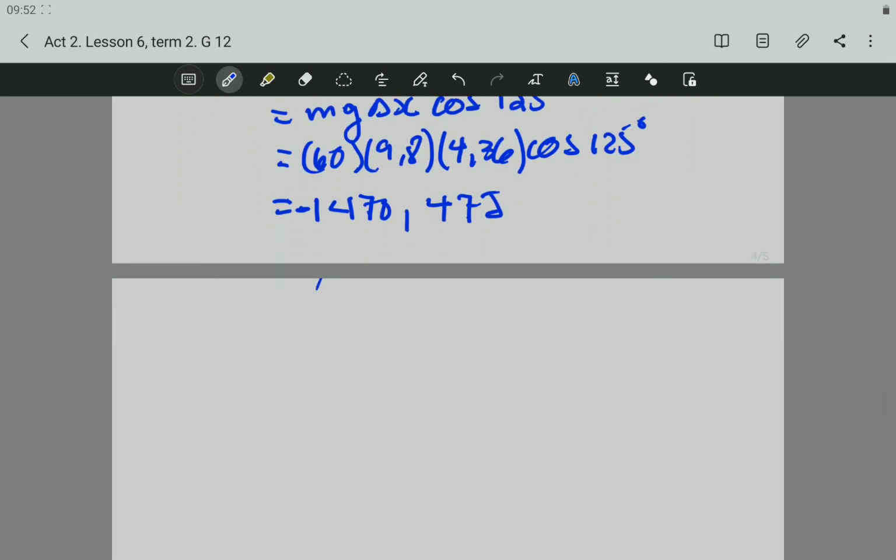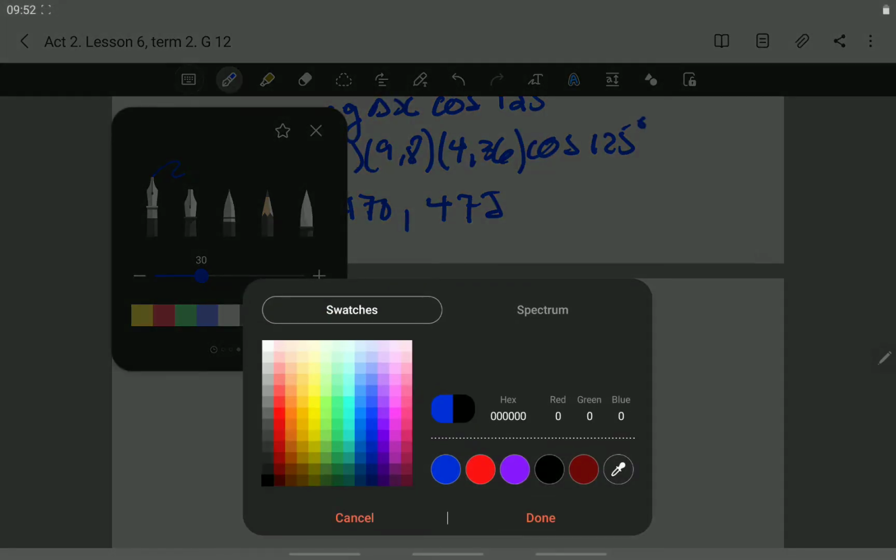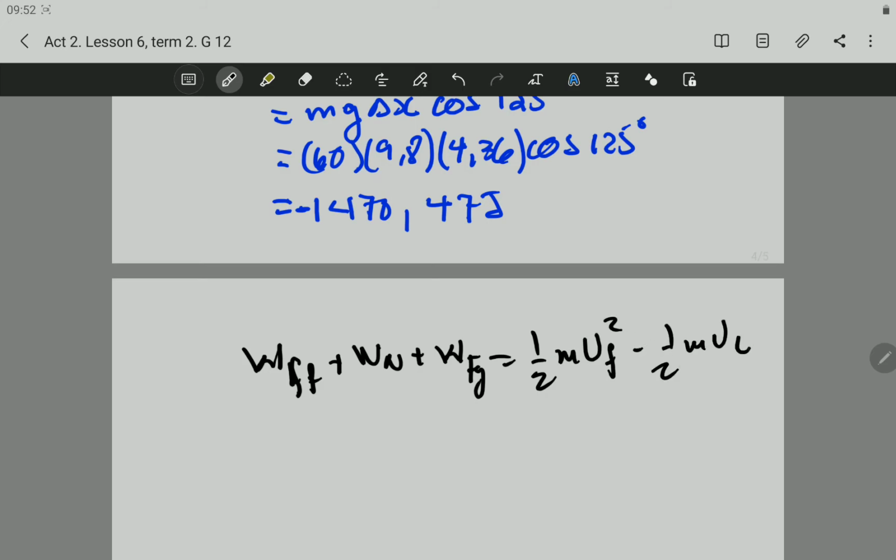Let's substitute into the general equation for the net work. Let's rewrite it. The net work is equal to the work done by the frictional force plus the work done by the normal force plus the work done by the gravitational force, equal to half mass final speed squared minus half mass initial speed squared.